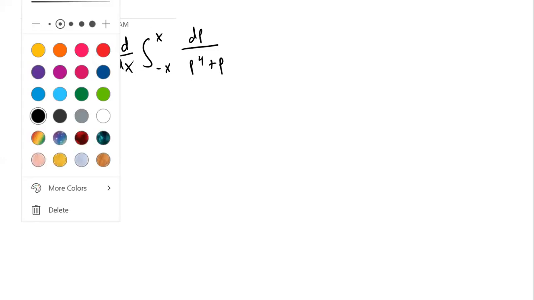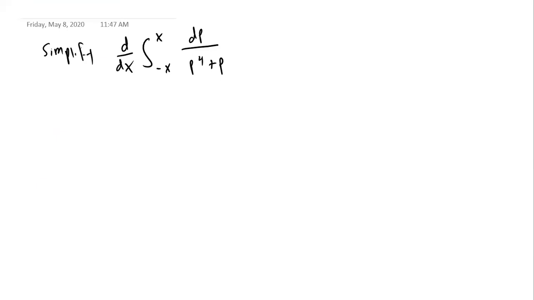So let me make a few comments before we start. This is a question about the fundamental theorem of calculus part 1. Taking the derivative of an integral, that's the only case where we've seen something like this. But first, let me make a note here that whenever you see something like this, dp over p to the fourth plus p, I mentioned this in passing in one of my videos, but here let me make a little bit more emphasis.